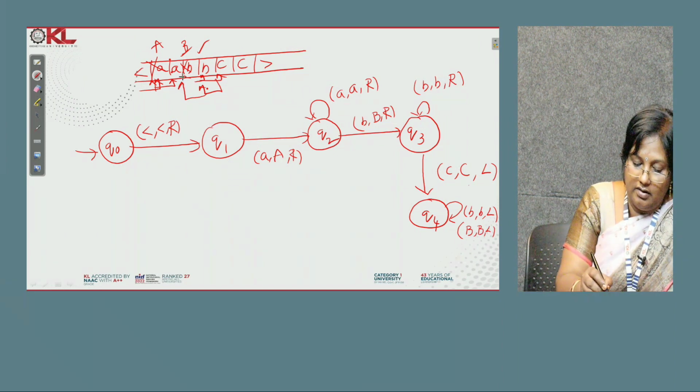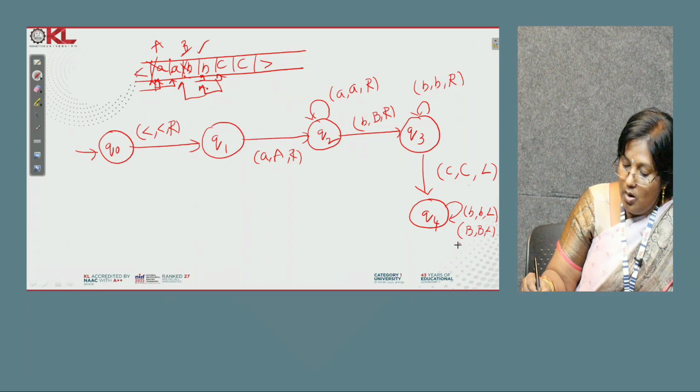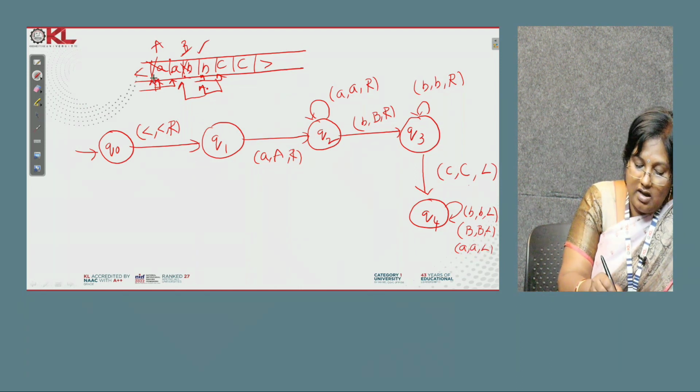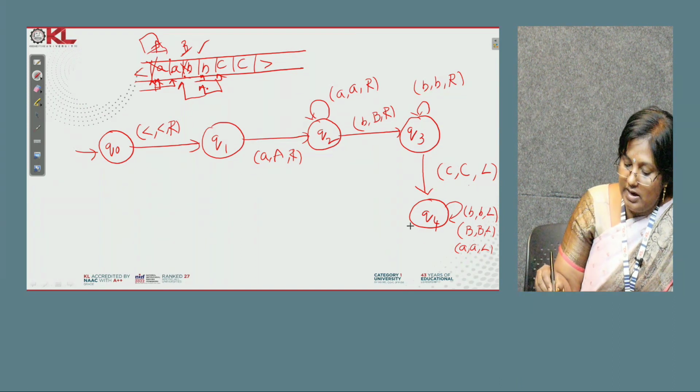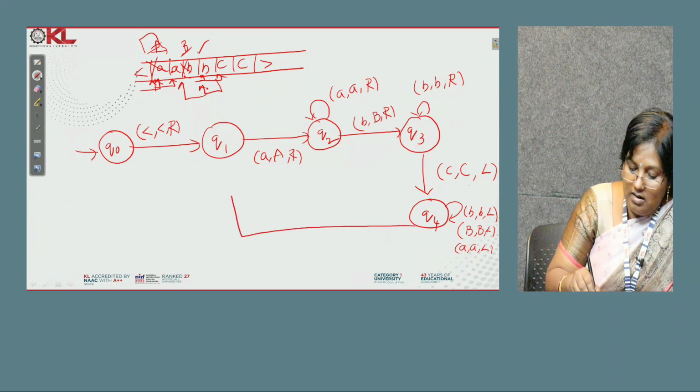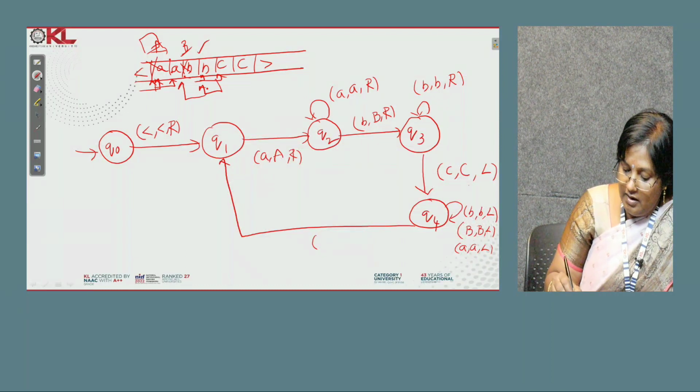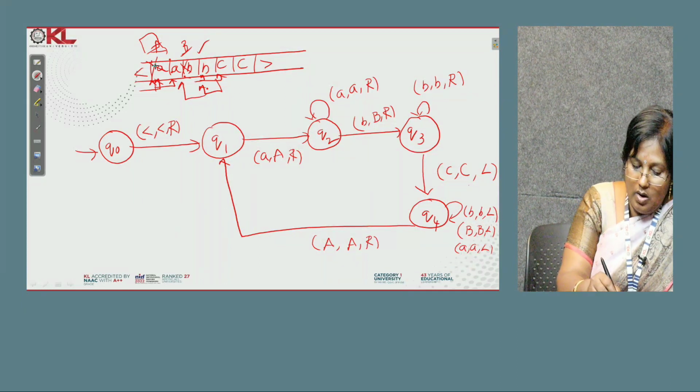I move left and found small a. Do not do anything, small a stays small a, and move left. Now I saw capital A. Whenever you see capital A, you have to move right again, keeping capital A as it is. So now I am here.